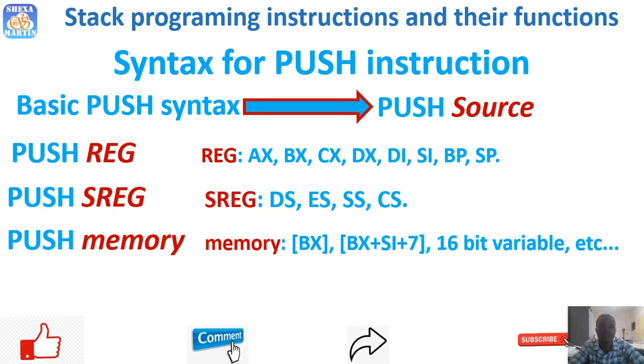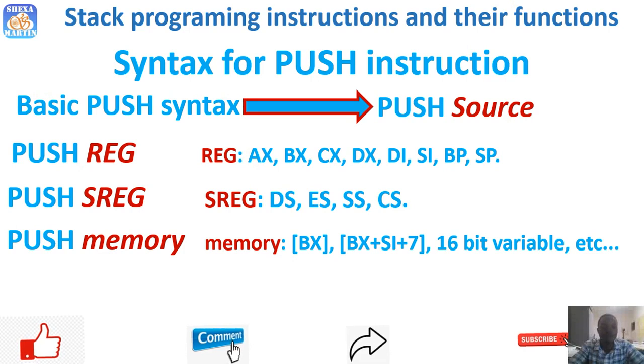Maybe the value in bx, the value in bx plus si plus 7, a 16-bit variable, and so forth. So if I am to ask you a question, which addressing mode would you have used if you are trying to push a value from a memory address that resides at bx?